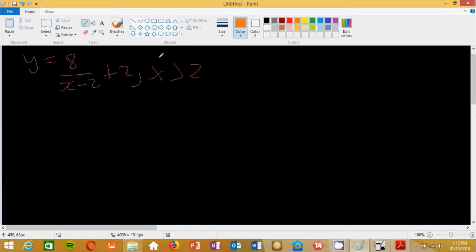So what we're trying to inspect is, as x increases and increases and increases, what's happening to the y value of this function? As we plug in certain values of x, what's happening to the y value of this function?